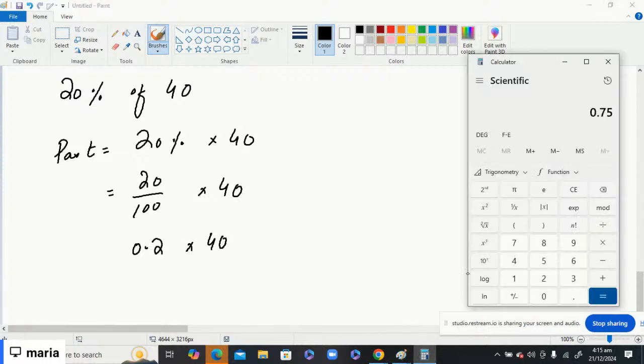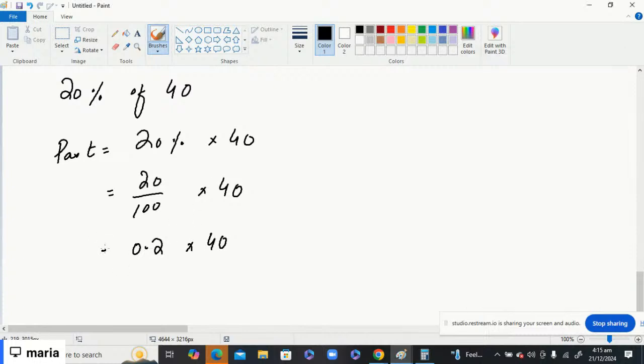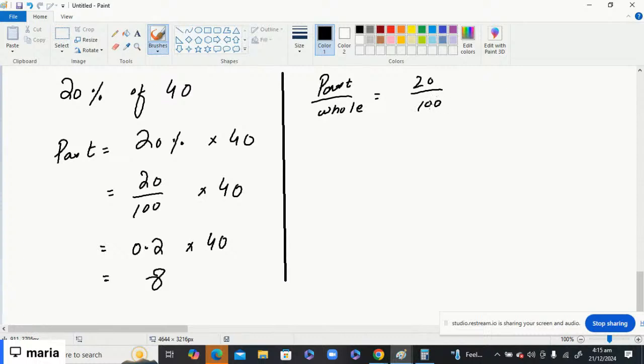Okay, we're going to solve by using both the way. 0.2 times 40, that is 8. Okay, now let's do with the other way, second method, like part over whole, that is equals to percentage, 20 over 100.